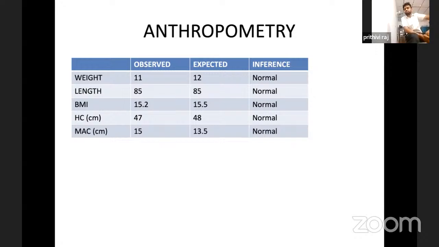The examiners will not be happy seeing these values as normal without seeing the growth chart. They will always ask you to plot everything in the growth chart and tell the Z score or centile. With that centile or Z score only, you can infer whether the child is normal for that age and sex, or else you cannot tell. So this you have to change.